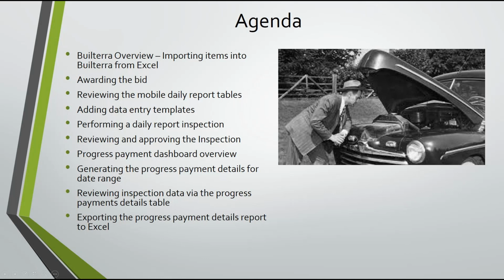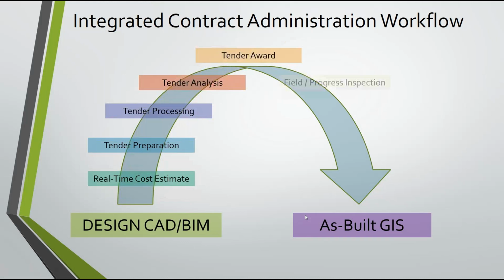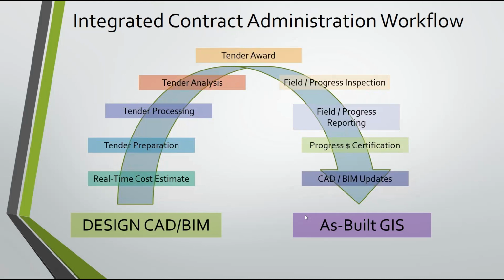All right, and I just get this set up. Okay. So the next slide here, this is what you normally see during our presentations. I always start off with this slide. And today we're going to be looking at the very top piece, the tender award and through to progress certification.